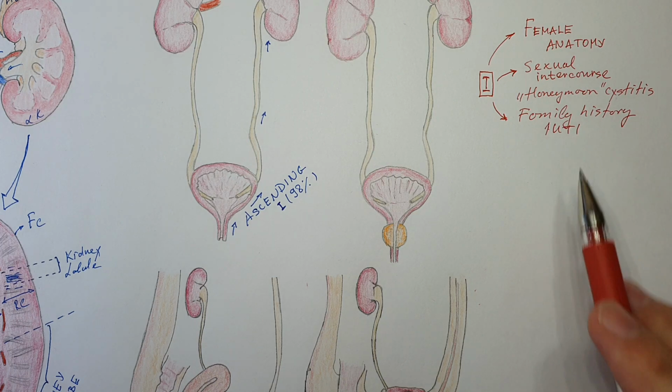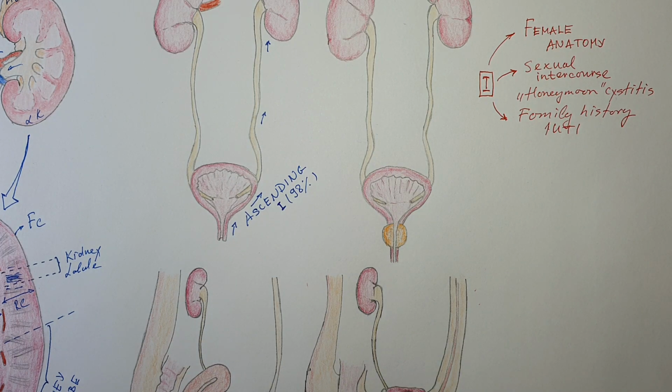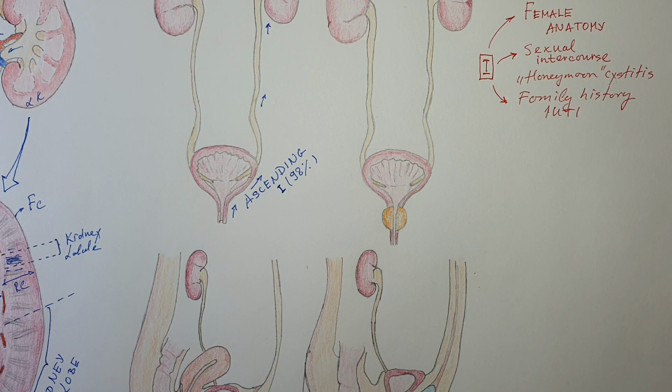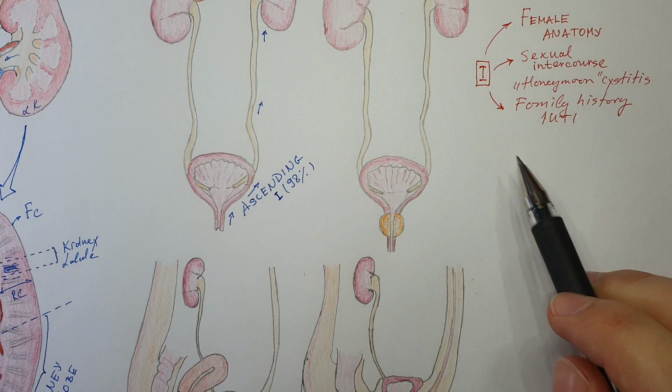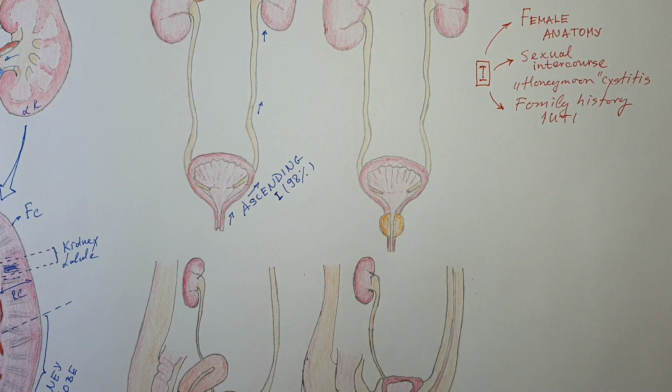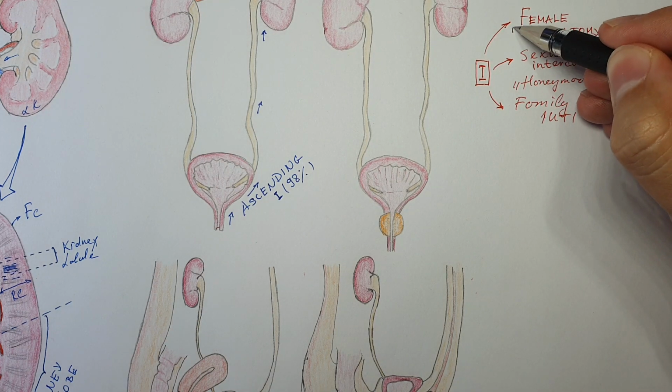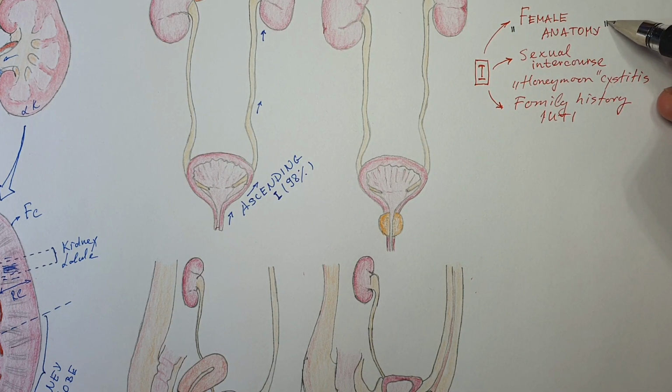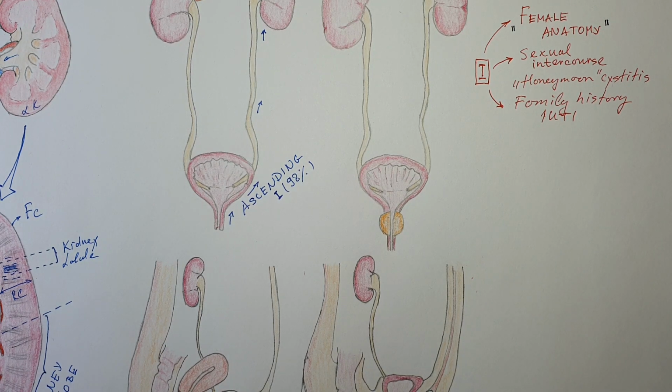And this can be cleared up with simple history taking. These are the factors leading to more frequent urinary tract infections in females. The take-home message is that female anatomy is a big problem. Because of that, everything happens more frequently in women.